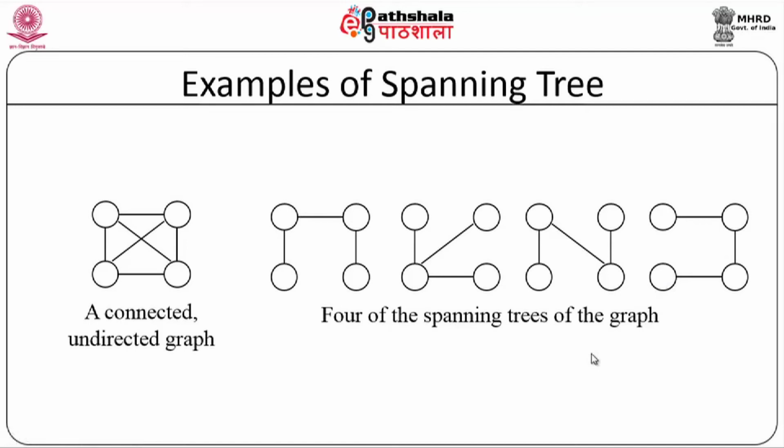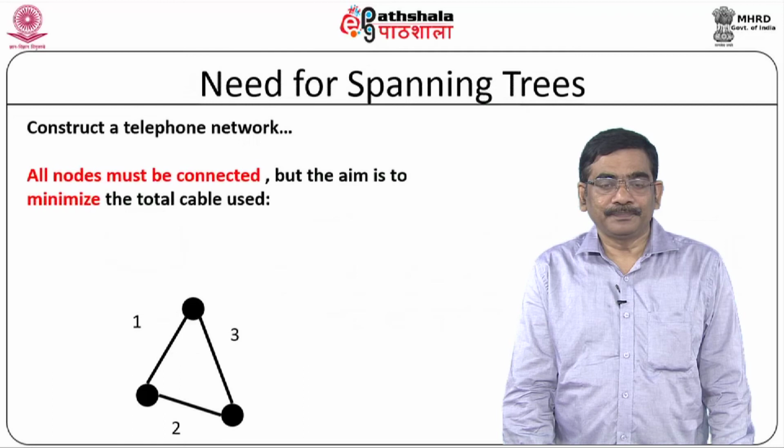So, this is the spanning tree. We can find a spanning tree by brute force, but it is very complicated, as the number of nodes increases, the number of spanning trees also grows enormously. Therefore, the application of the brute force technique is not feasible.